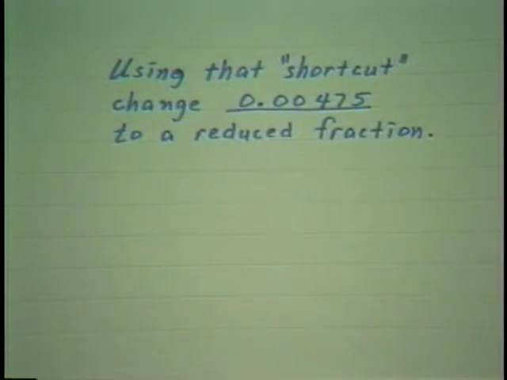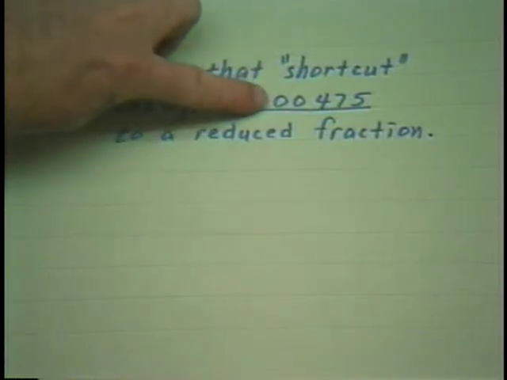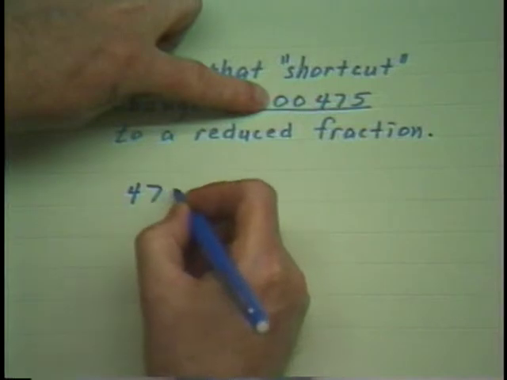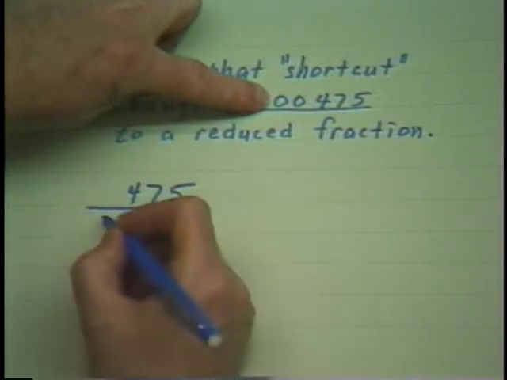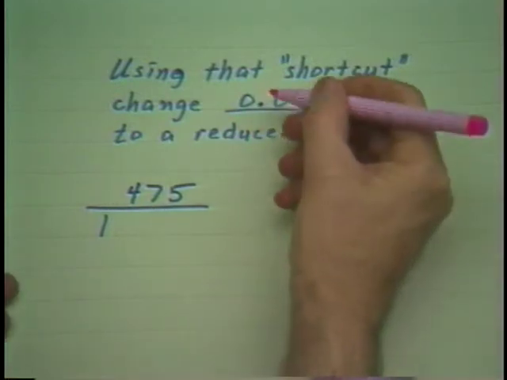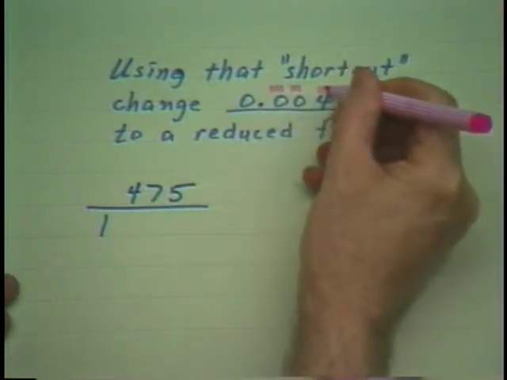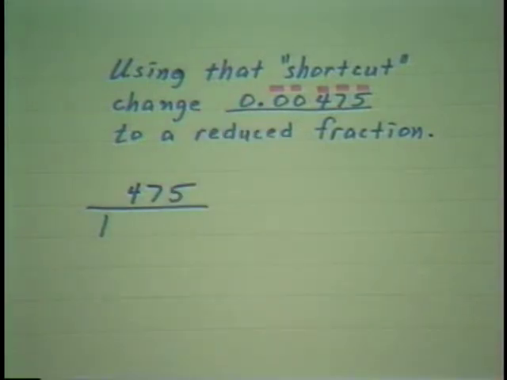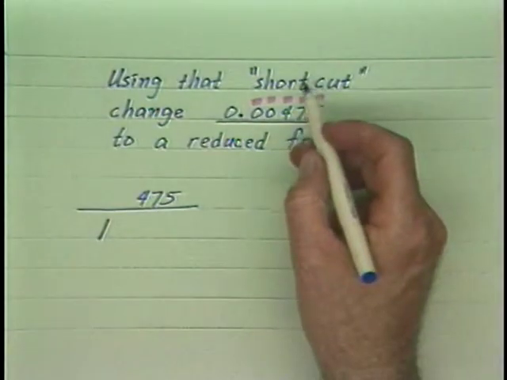Let's do that once more. That technique suggests that we pretend like the decimal point isn't there, write down the number that we have over 1. And then for each decimal place, see in this case 5, do not count the whole number places, append a 0.